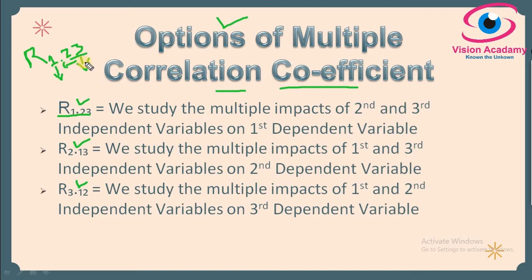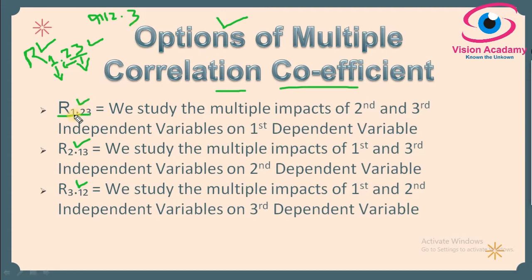This is a perfect example of multiple correlation. In case of partial correlation, it will be a small r, like r12.3. So you must be able to differentiate between multiple correlation and partial correlation.